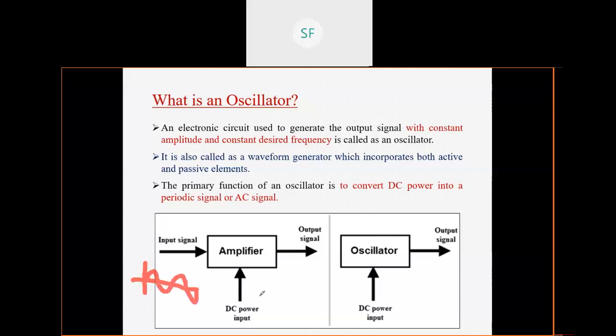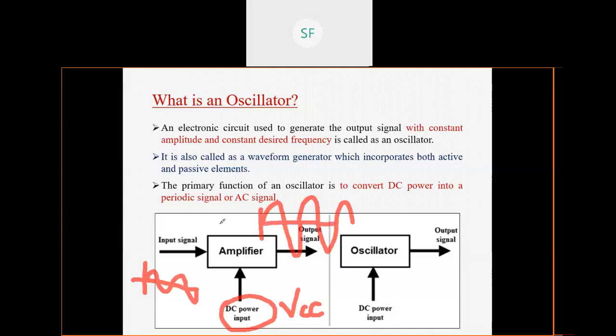And then a DC power input is applied. Which DC power input? That is VCC, right? So by utilizing this DC power, what has the amplifier done? The amplifier amplifies the weak input, and at the output you will get the amplified wave like this. So this is the working of your amplifier.